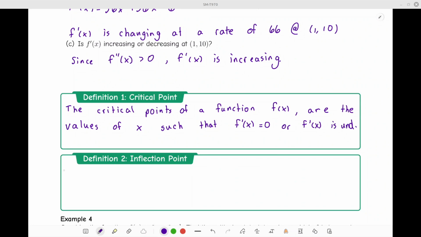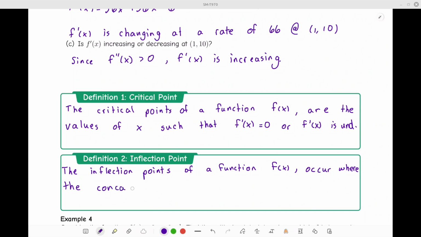Inflection points. The inflection points of a function f of x occur where the concavity changes.